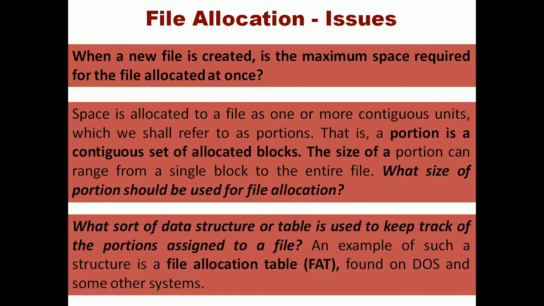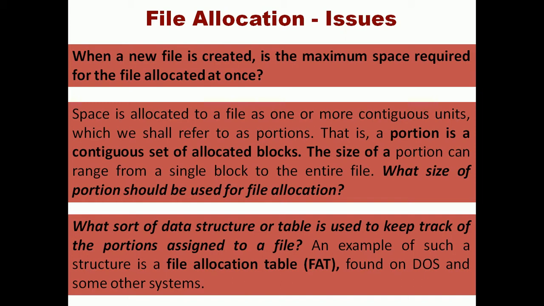Next, what sort of data structure or table is used to keep track of the portions assigned to a file? For example, some file systems use the file allocation table, which we find in the DOS operating system.